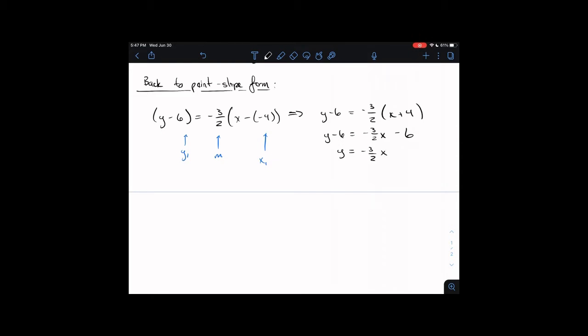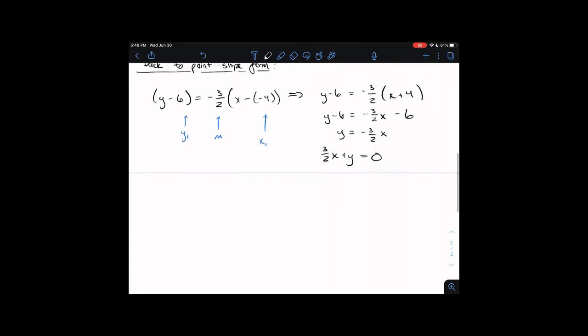And now I'm going to multiply by 2. Why do I multiply by 2? Well, I don't have to do it now. Let's do this first. Let's add 3 halves x to each side. What this does is it gets it in that form that I wanted from earlier, right?